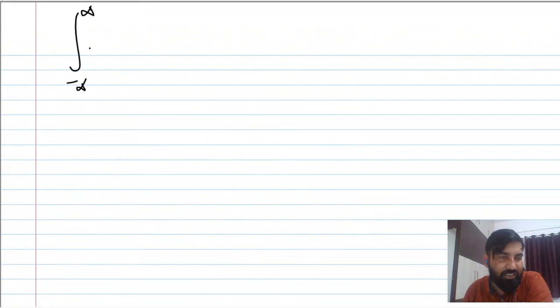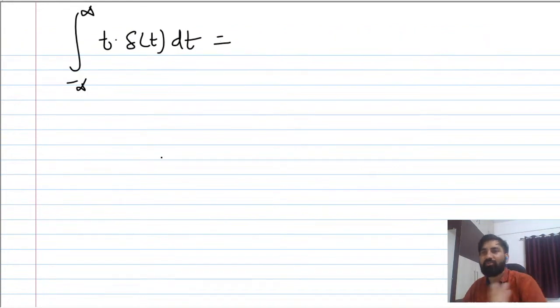Suppose they are asking a question of this kind: what is the integration of t times delta t? As we know, this 0 lies between minus infinity to infinity. Yes, that is for sure.